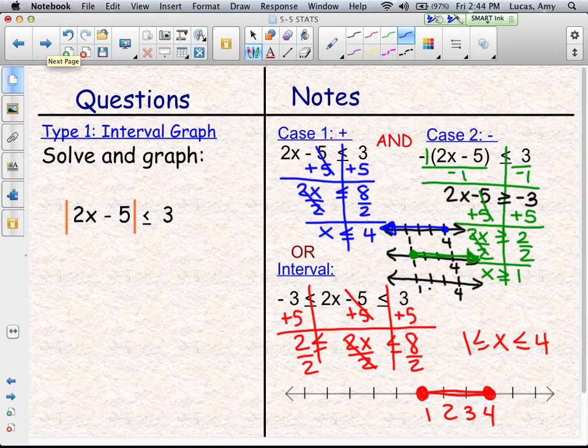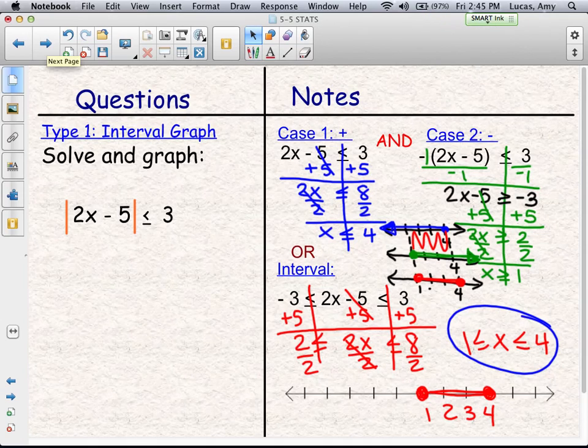And I can see that where they overlap is right here. So it's from 1 to 4. And I would still need to write the interval. So my interval is right here. 1 is less than or equal to x is less than or equal to 4.